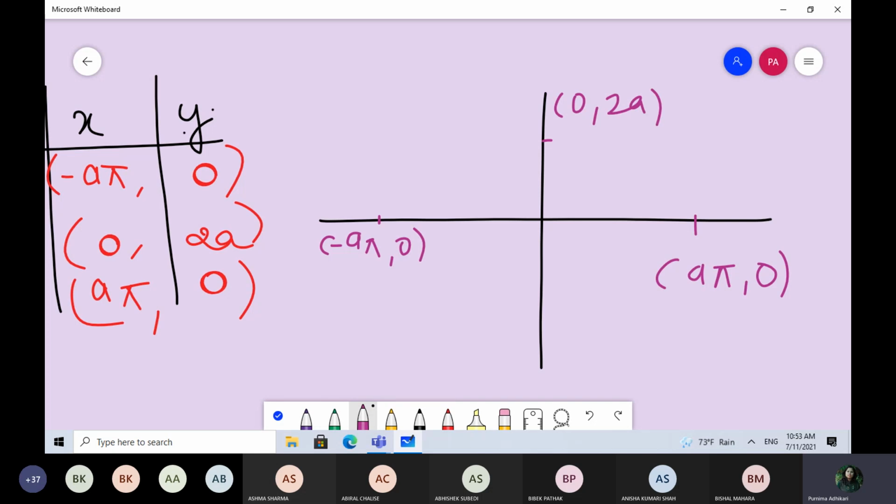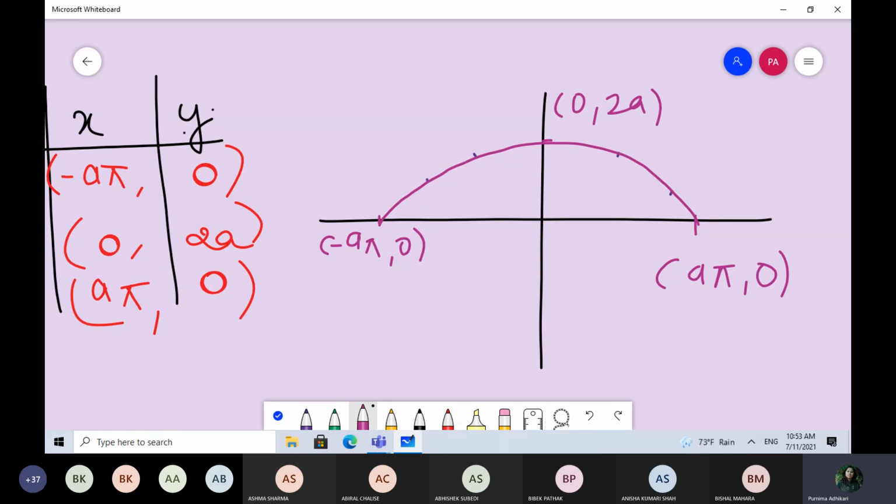Now we have taken only 3 points, but you can take few more points and you will see that those points will lie somewhere over here and here, in between these two. So something like this. So we are going to get one curve here, which will be like this. When we join these 3 points smoothly, we will get this.